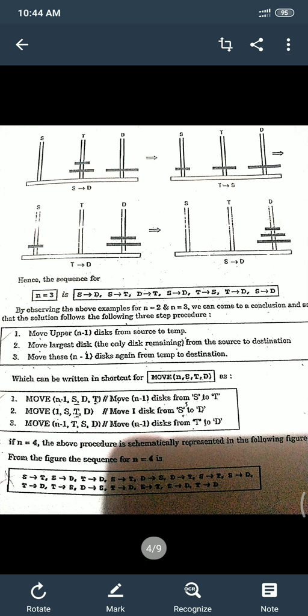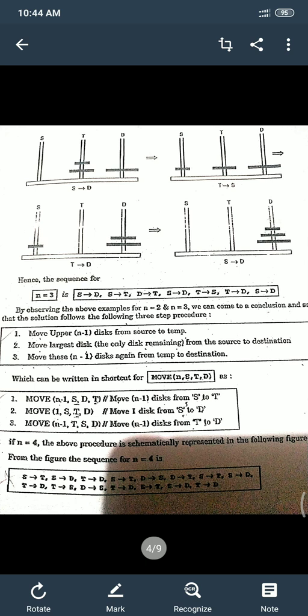Move the upper n minus 1 discs from source to temp. Second step, move the largest disc, the only disc remaining, from the source to the destination. Next step, move these n minus 1 discs again from temp to destination.